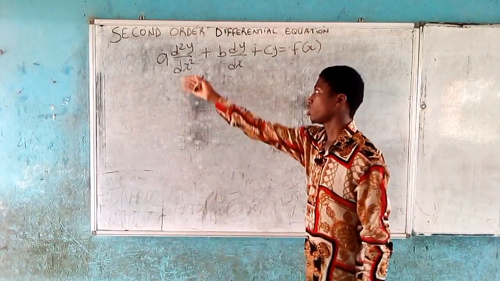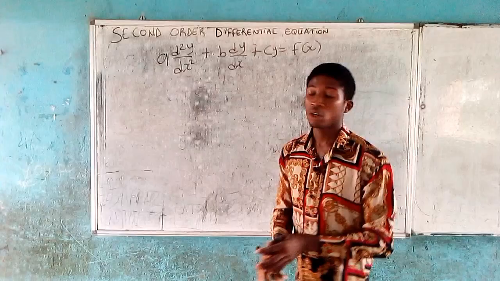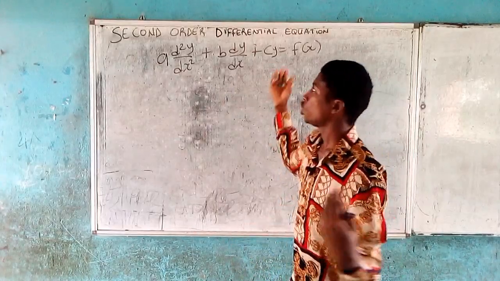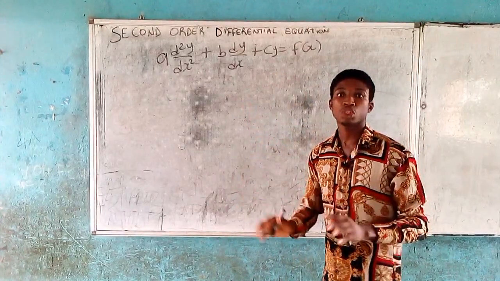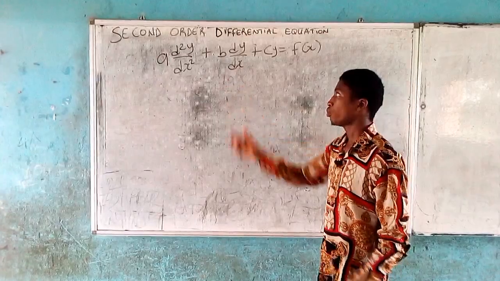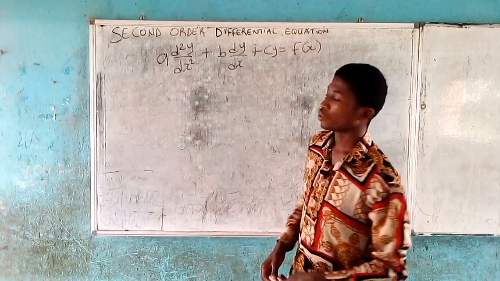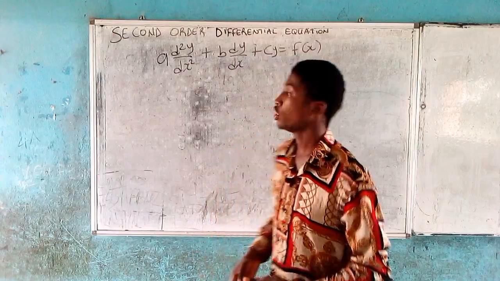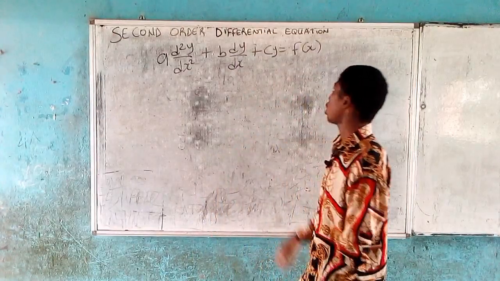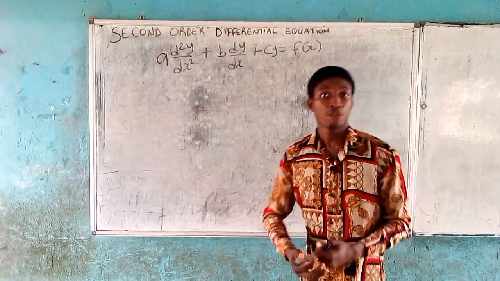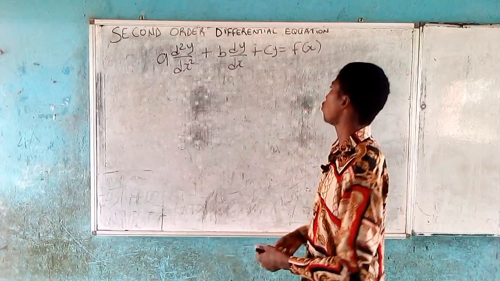So this is how a second order differential equation looks in this form, because we have the term d²y/dx². Therefore it is a second order differential equation. And this f of x is a function of x, obviously.